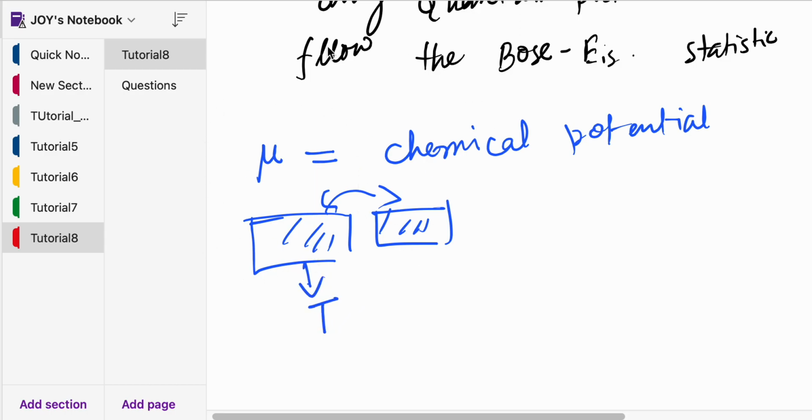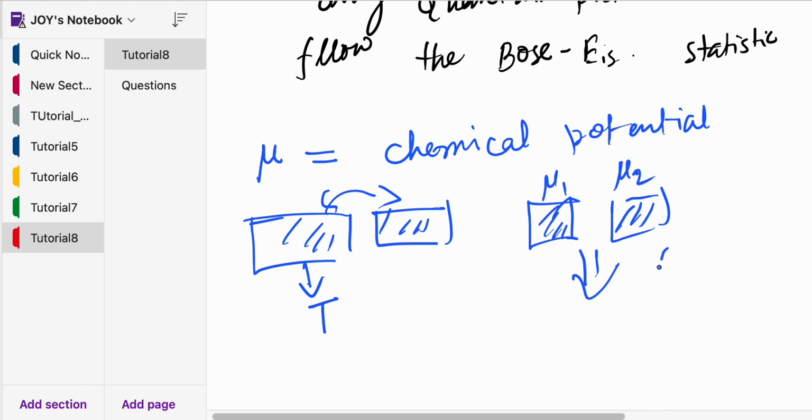Similarly, when two systems are allowed to exchange particles among themselves, we say the system has reached equilibrium if the two systems' chemical potentials become equal, mu1 equal to mu2.